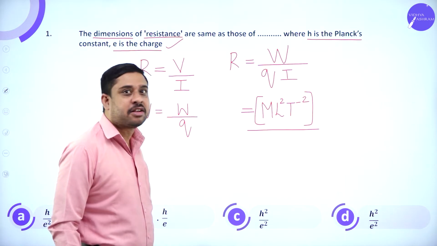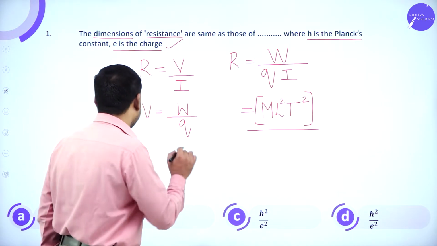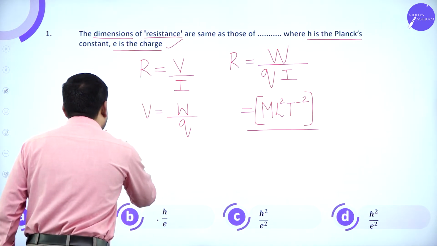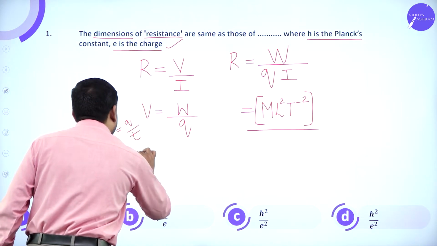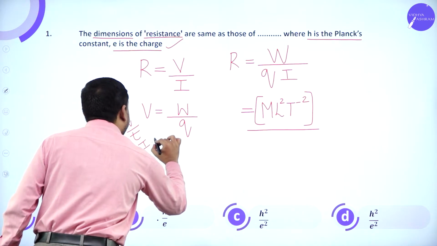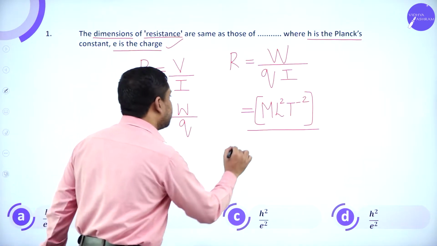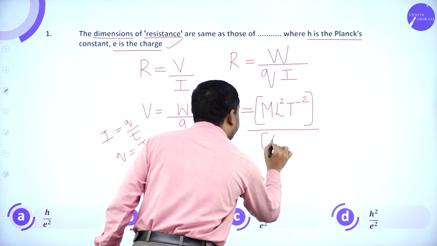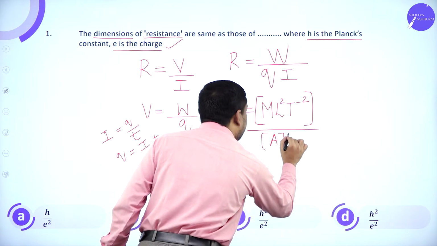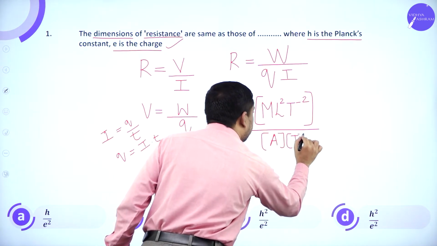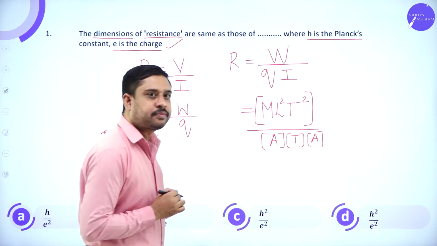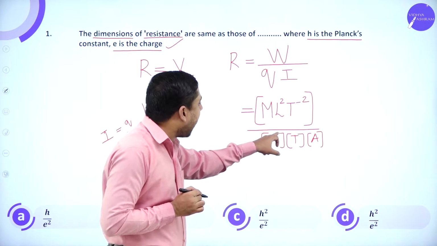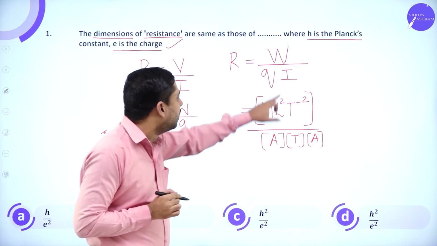Dimensions for charge: yes, we know I is Q by T, or Q is I into T, so Q is ampere into time.